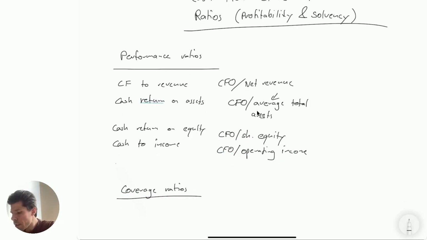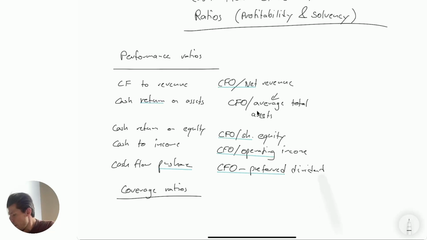You can also do cash flow per share, which is CFO minus preferred dividends divided by number of common shares.